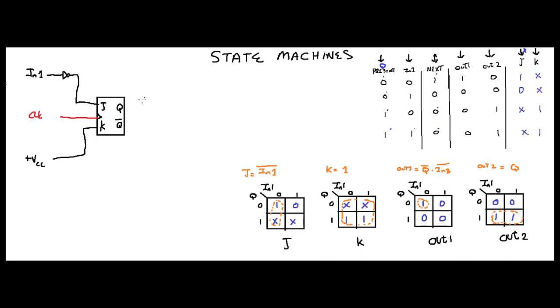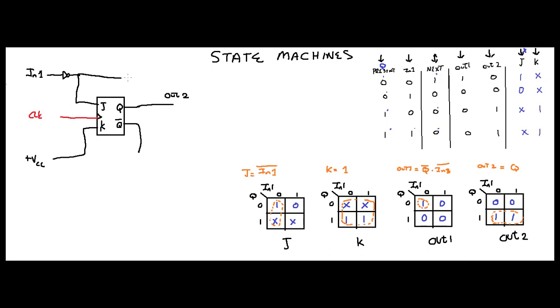Now, your output, here's your Q, it's coming out. This is your out 2, isn't it? Because out 2 is equal to Q. Now what's out 1 equal to? Out 1 is equal to Q bar, which is this one. Make use of it. And we're going to end it with in1 bar. Alright, so I'm going to have to take it this way. How's the best way to get over there?